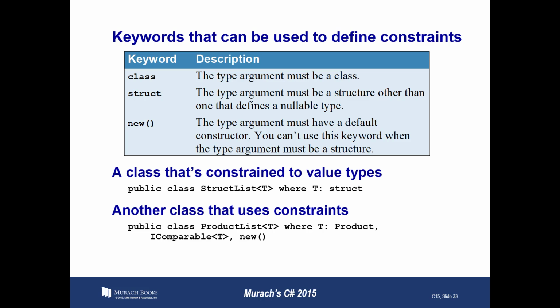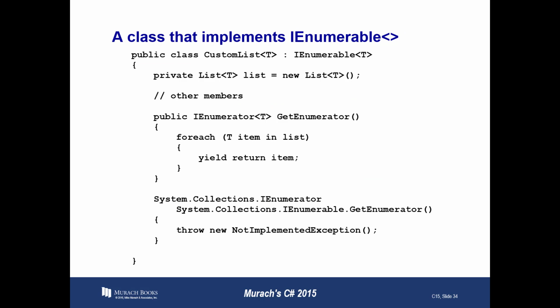On pages 500 and 501, you are shown a class that implements the IEnumerable interface. There's a foreach loop, as you'll notice in the middle here. It only works on generic collections that implement the IEnumerable interface.